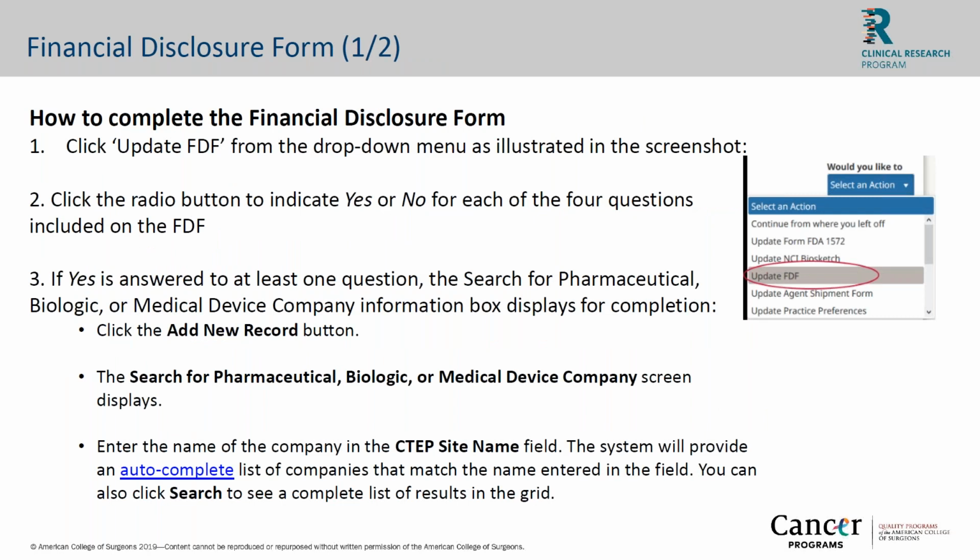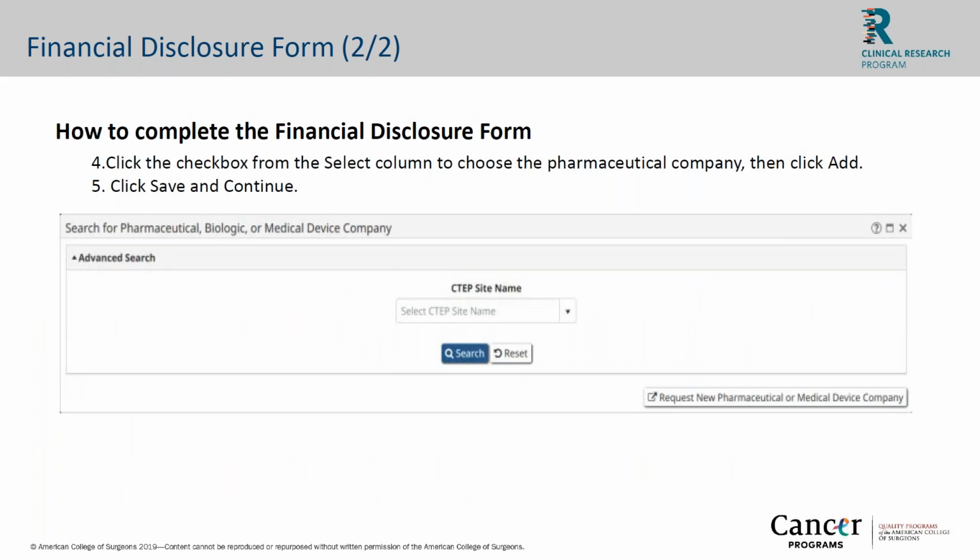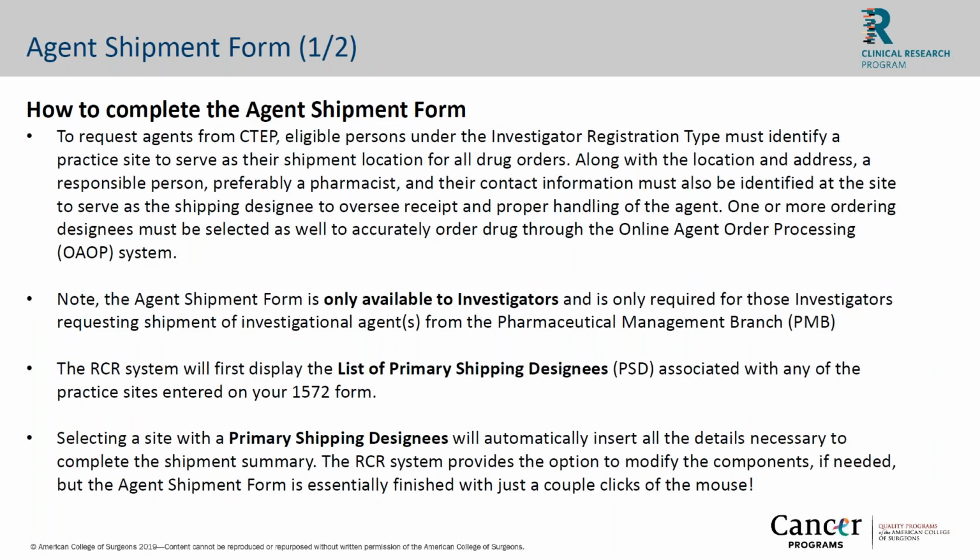Please follow these instructions if you need to complete your financial disclosure form. If you need to complete an agent shipment form, you will need to request agents from CTEP. All eligible persons under the investigator registration type must identify a practice site to serve as their shipment location for all drug orders.